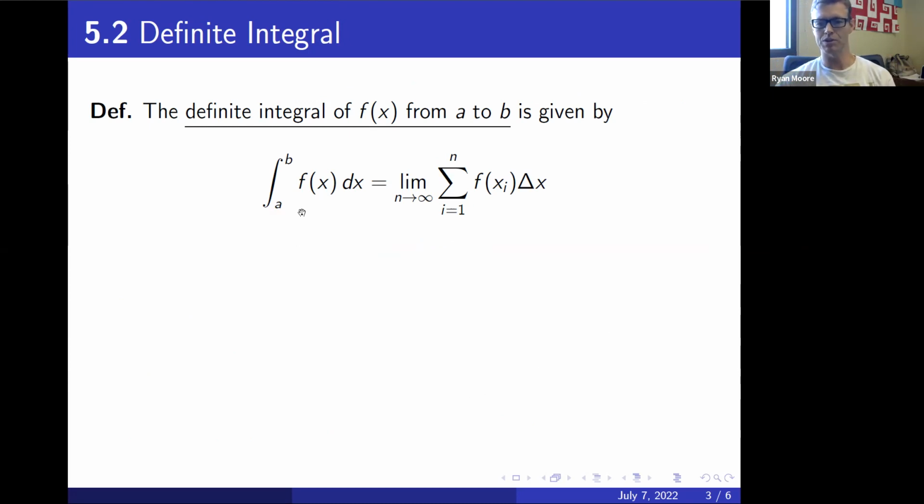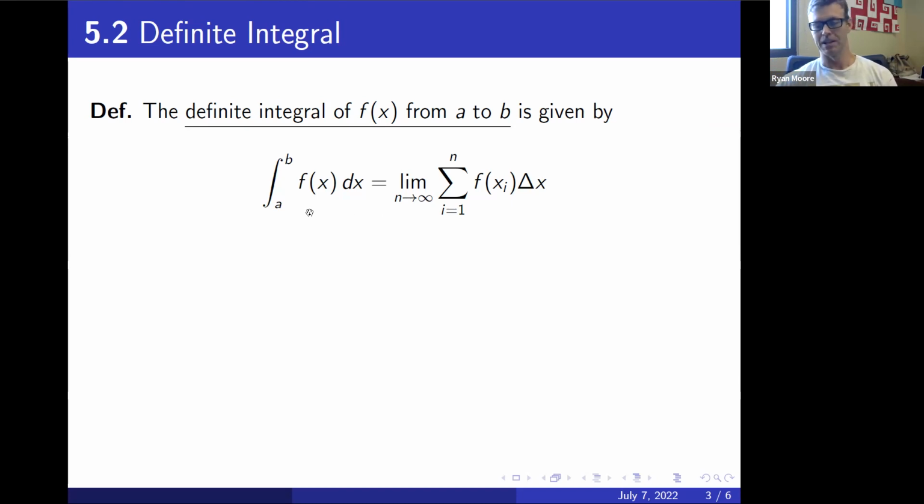Notice we've got some new notation. Let's ignore what's on the left here just for a moment. There's our formula: the limit as n approaches infinity of the summation from i equals 1 to n of f of x sub i times delta x. Now that is really a beast right there. That's pretty intimidating, but we're going to use it pretty soon in a couple of examples.